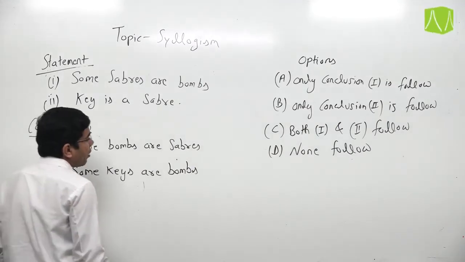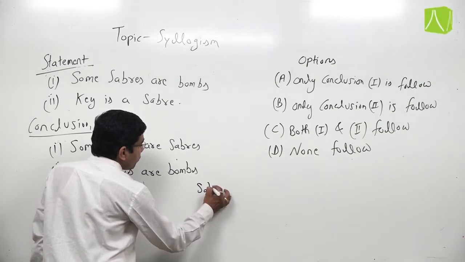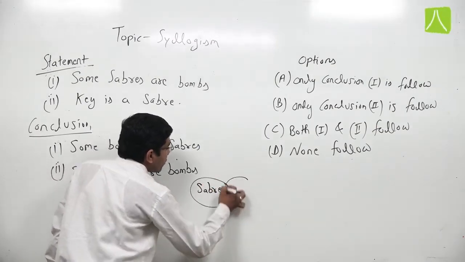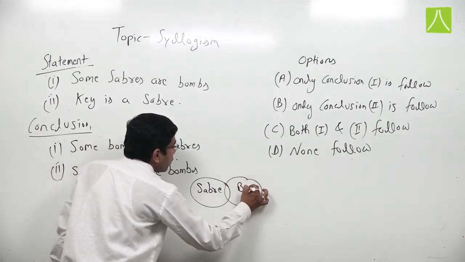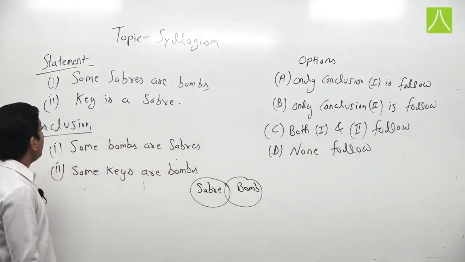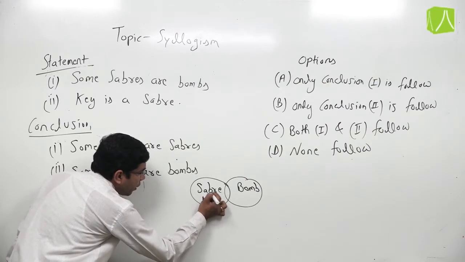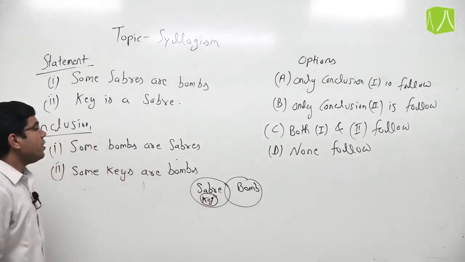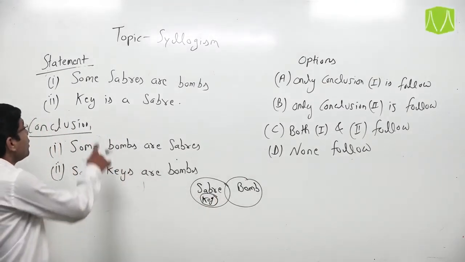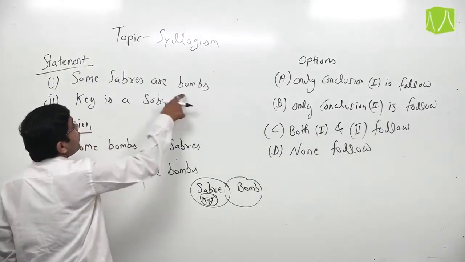Some sabers are bombs. And second, key is a saber. So friends, we can connect key only in the circle of the saber, because in the statement there is no relation between key and bomb.